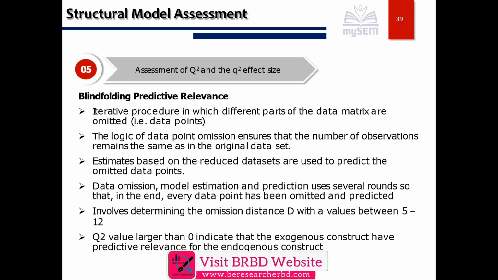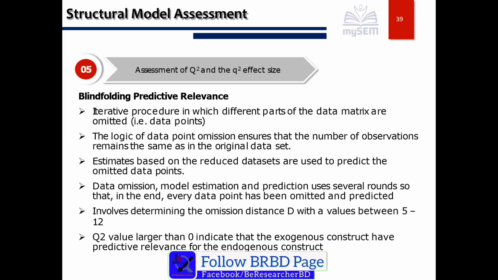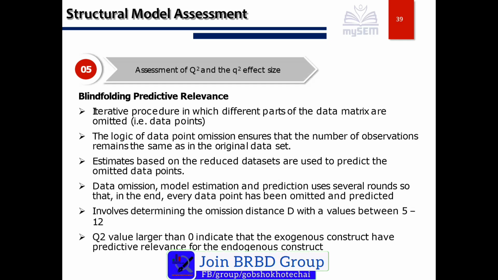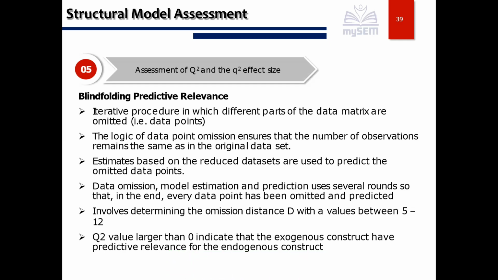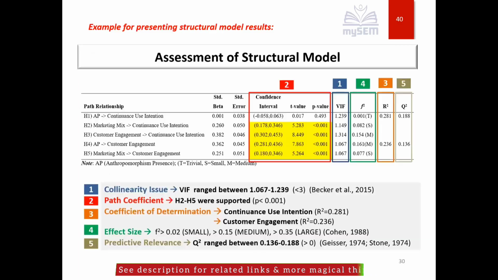Under that you can do another test, PLS predict. That is a little bit difficult, an upper level. If you don't show PLS predict, your research is also okay. If you see articles, more than 80% of articles don't have PLS predict. It is the latest addition in SmartPLS, so they may stop at Q square only.